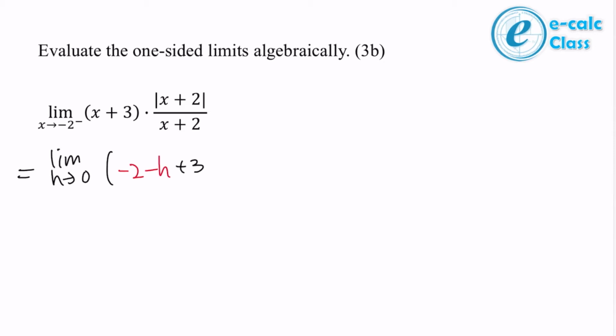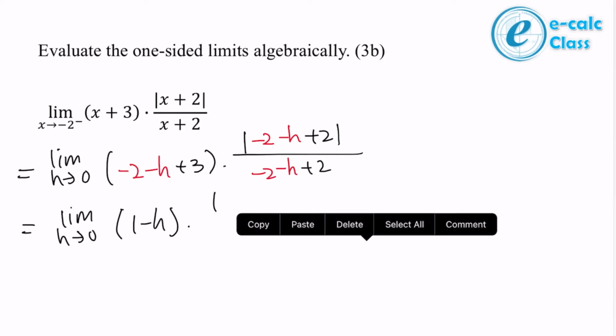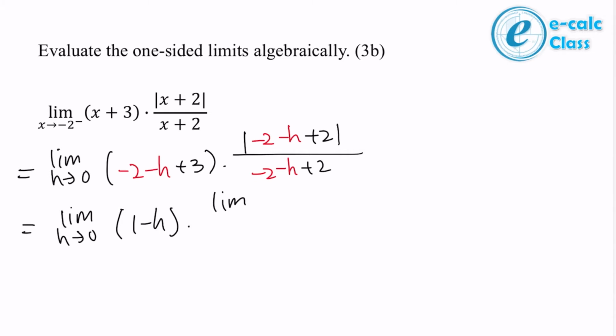Then the absolute value of c minus h, then simplify: 1 minus h, limit h approaches 0, negative h over h equals what now?